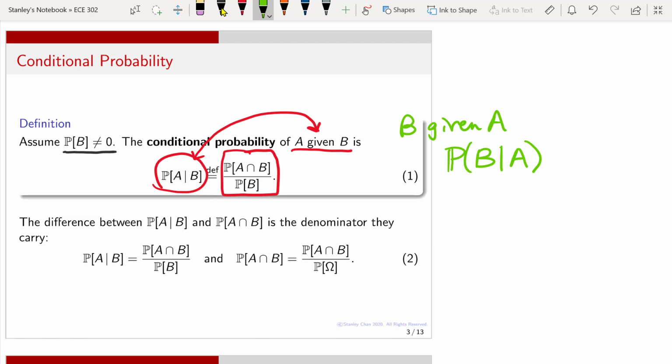P of B given A is not the same as P of A given B. They are two different things.